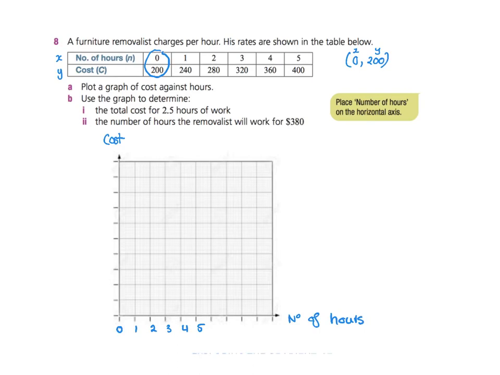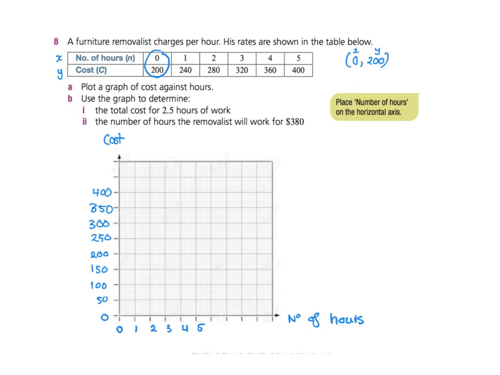We might just say this is 0. We might say this is 100, or maybe, sorry, we might make that 50. We might go up in 50s. Does it fit? 50, 100. I'm going up in 50s because I think the highest is 400, so we fit that in.